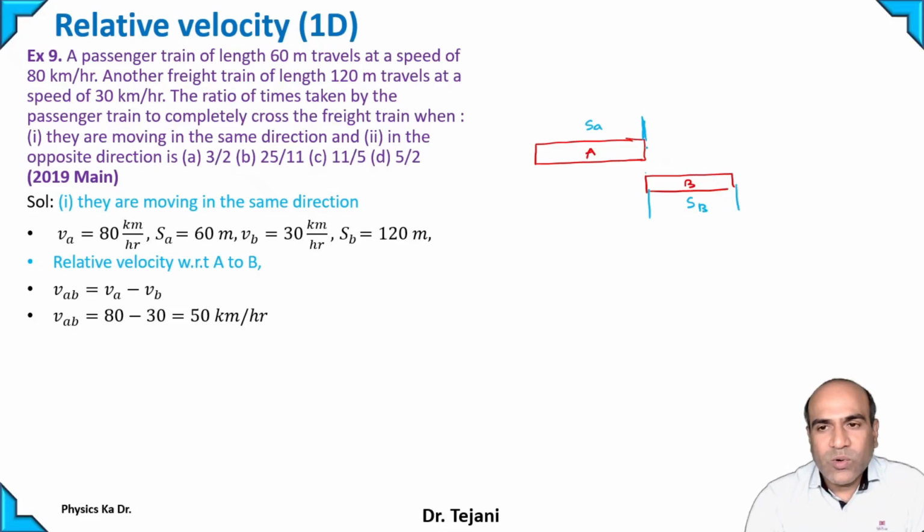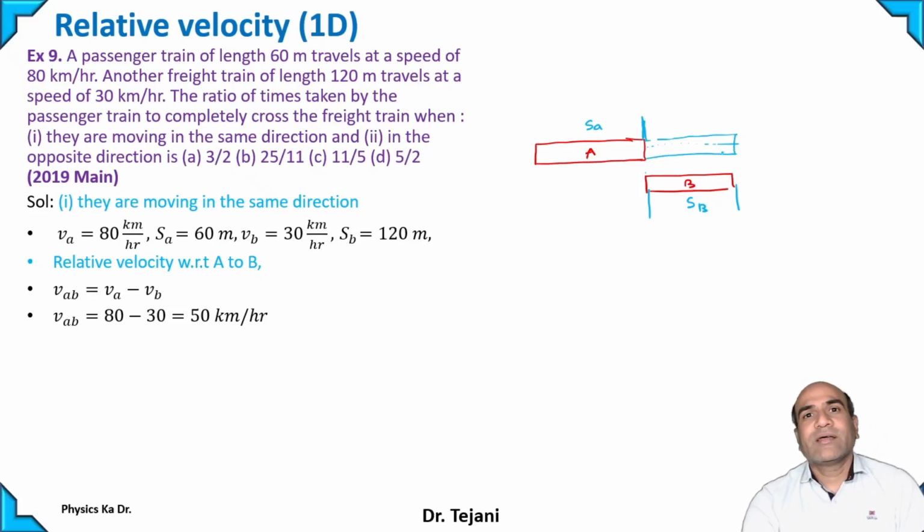Train A travels a distance until both the engines reach the same point, that is SB.